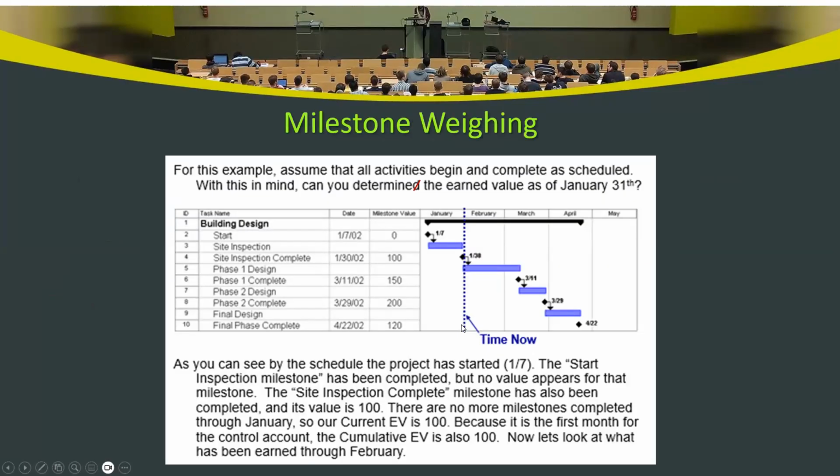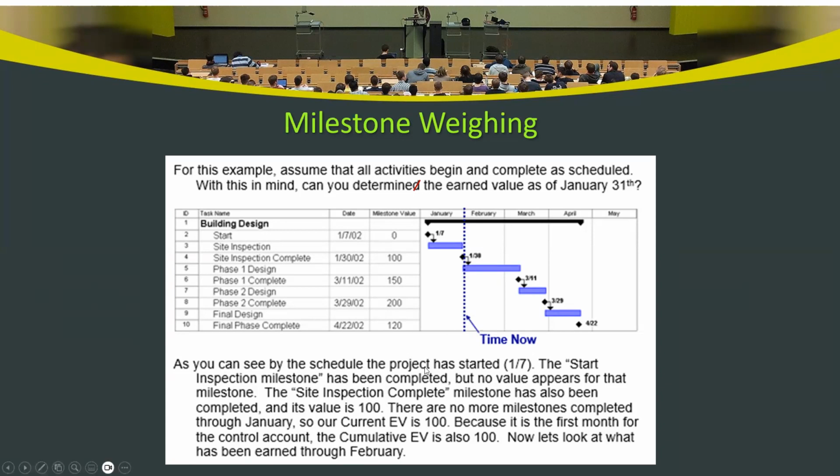Milestone weighing. So milestone weighing is when you have the broken down WBS, work breakdown structure, you have milestones defined, and depending on what you are looking at in the status, you see how many milestones have been completed.